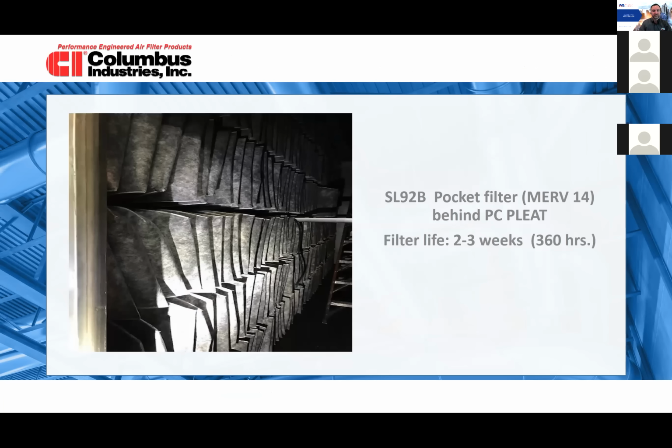These are the pockets behind. The operators, now they can go in while the booth is running. Before, they could not go in. It was foggy. It was all this paint. Remember, this is before the mini pleats, right? The chamber, the area behind the pockets before the mini pleats.